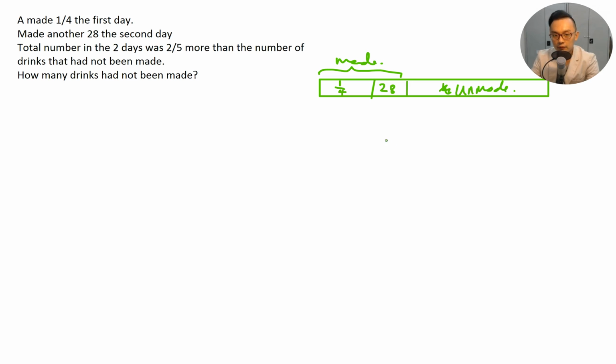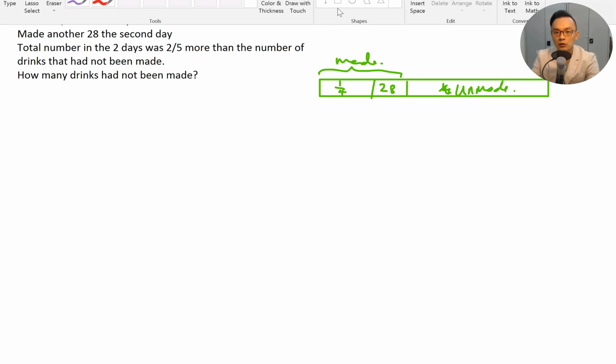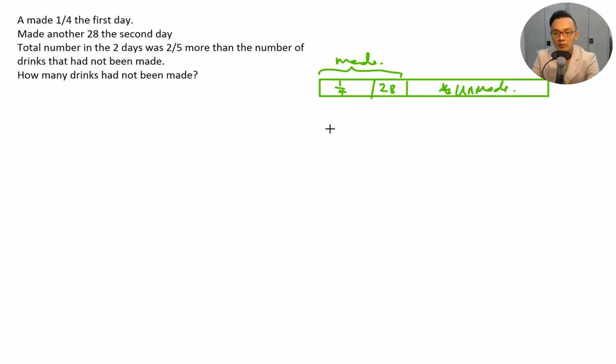Alright, so let's look at this. Total number in the 2 days was 2/5 more than the number of drinks that had not been made. So how do we represent this in the model? So let's try and draw this out. So total number was 2/5 more than not being made. So first of all, you need to figure out which is more and which is lesser, right?